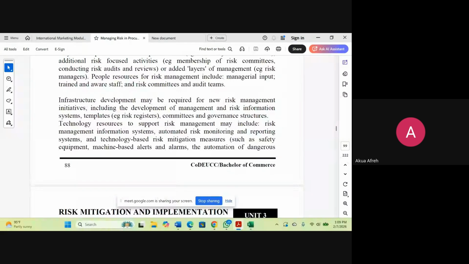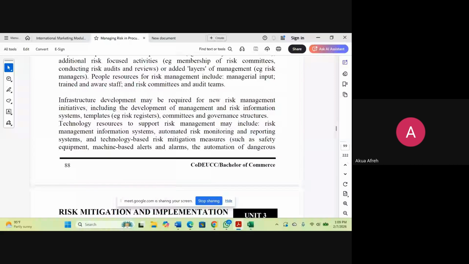Right now, just as I said, we have software that we use for risk monitoring. We use ERP systems to help with risk monitoring and identification. We have software we call risk management software. So all these technologies and infrastructures are there to help us mitigate some of these risks.